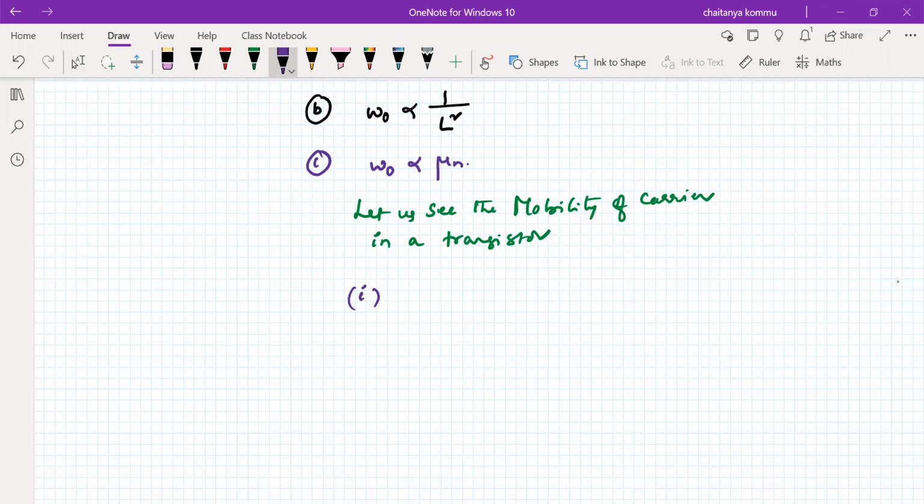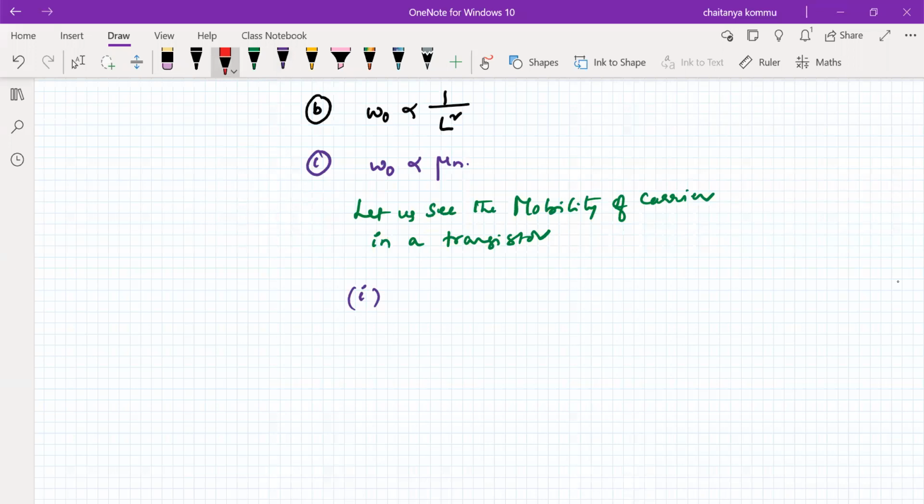The wafer is cut into different orientations, whether 100 orientation or 111 orientation. So the cutting of the wafer will decide the mobility of the carrier.